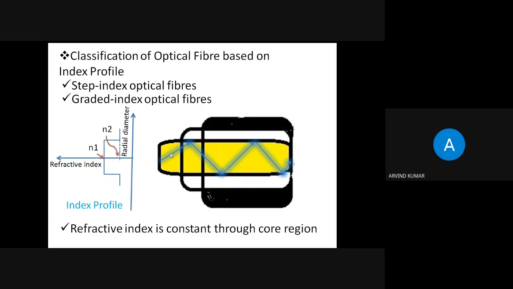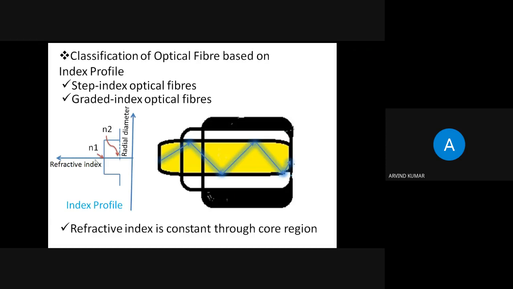Here the yellow portion represents the core region, and I have drawn this graph. Along the y-axis I have taken the radial distance, which starts from the center of the core region. And along the x-axis, we are considering only the magnitude, we are taking the refractive index.